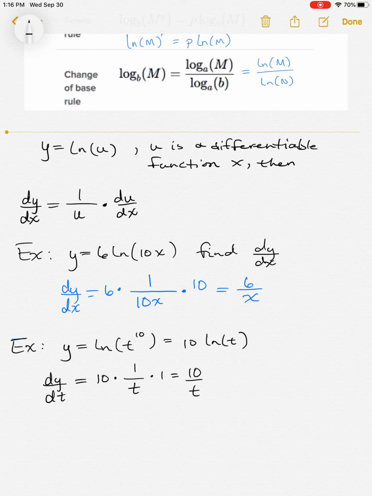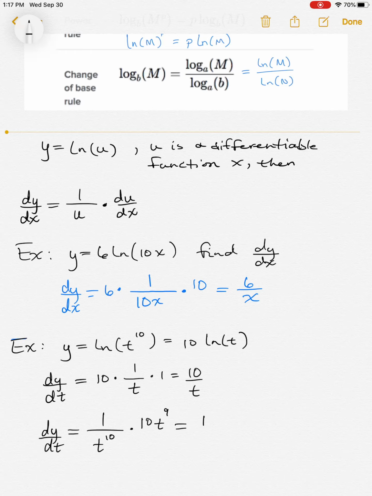That's the short way, after the property was applied. The long way: let's say you did not apply the property and you went straight into 1 over t to the 10th, and so that was taking the derivative of the natural log piece times the derivative of t to the 10th.